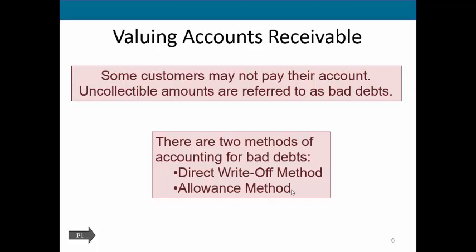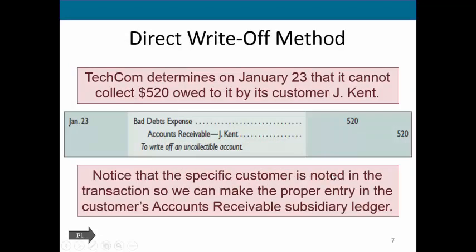So in order to make sure that we are following the matching principle, anytime we recognize revenue that has an account receivable, meaning it's not a cash revenue, we're going to recognize, based on our best guess, a portion of bad debt expense. So now that you understand the two different methods, we're going to get into how we actually do those. We're going to start with the direct write-off method, and then we'll move into the allowance method.